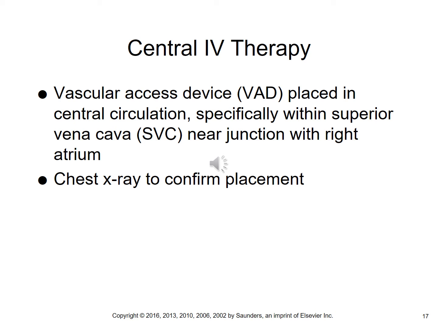So this medication is going to go in at a very, very fast rate, and it's going to affect your patient at a very fast rate. So we have to make sure that this is in the appropriate place, and that's why a chest x-ray confirms the placement of this prior to using it. So if a patient had just came and had a central line done, before you could administer any medication, you must do a chest x-ray to see if it's in the right place.